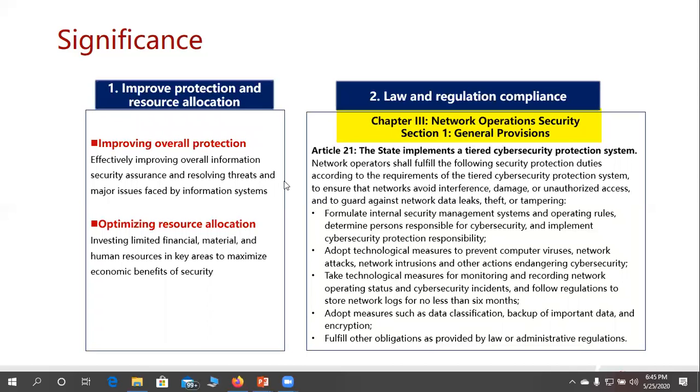So this can only be achieved if you do what is in the graded system. Okay, optimizing resource allocation. Okay, so this is about investing limited financial, material, and human resources in key areas to maximize economic benefits of what? Of security. Okay.